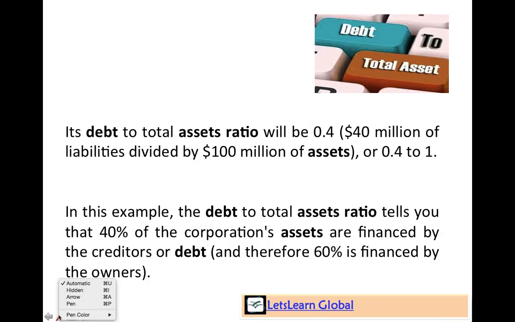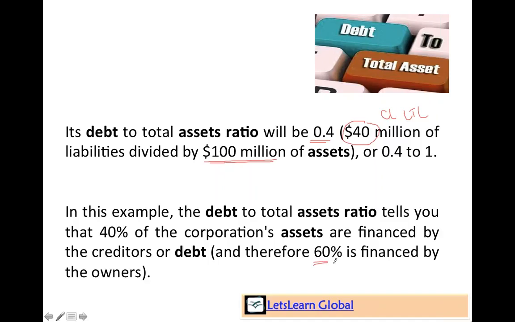For example, if you have a debt to total asset ratio of 0.4, it means if you have 40 million of debt capital, which includes current liability and long-term liability, and total assets of 100 million, then out of 100 million total assets, external parties' money invested in purchasing the assets is 40 million and owner's money is 60 million.